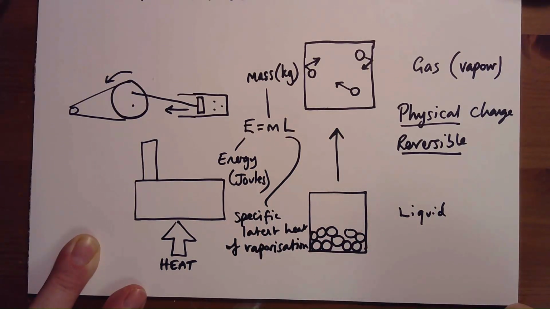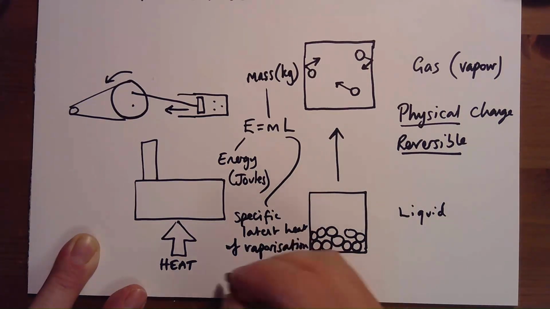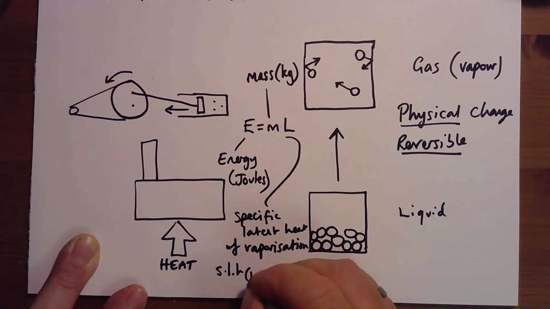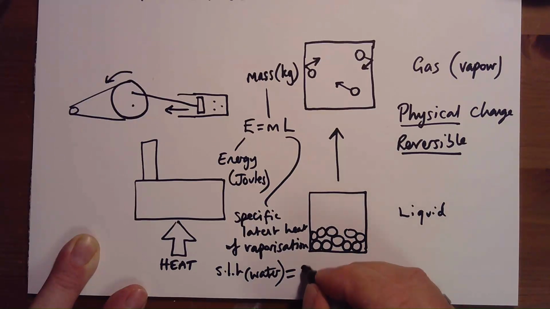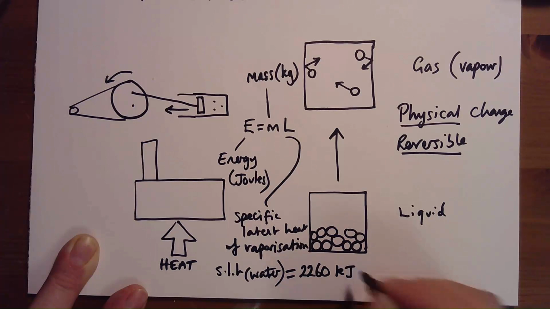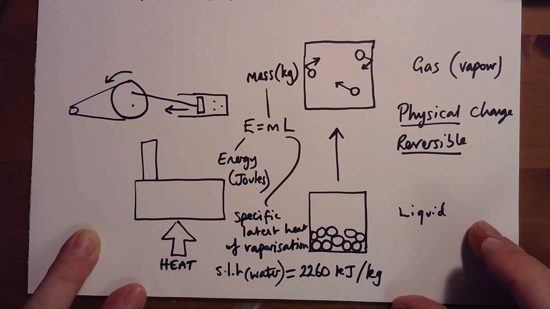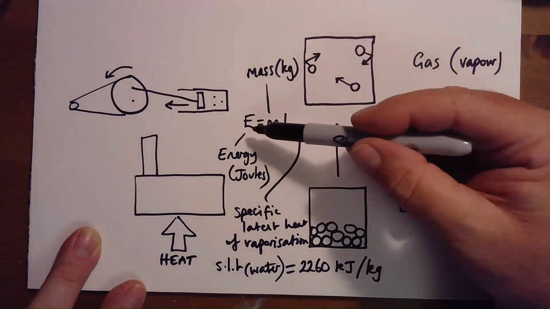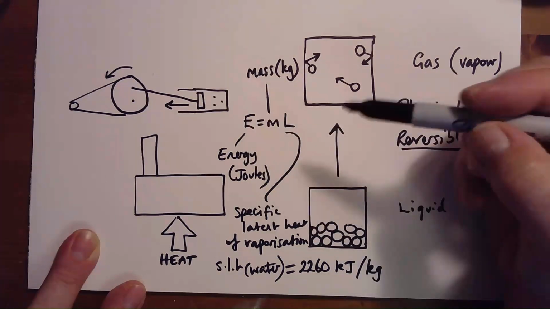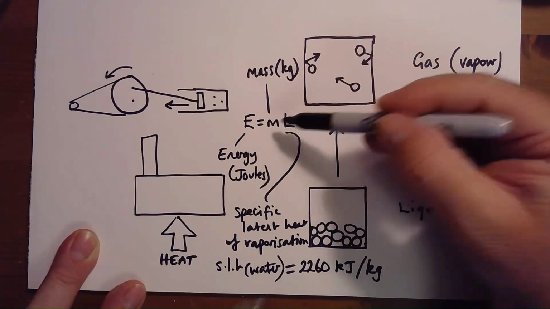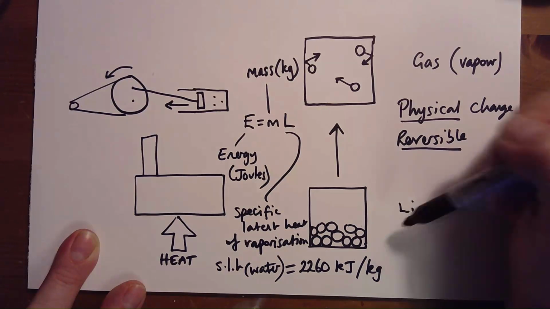Now, the specific latent heat of vaporization of pure water equals 2260 kilojoules per kilogram. That's 1,000 joules per kilojoule. What that means is we would need to transfer 2,260,000 joules of energy to 1 kilogram of water for it to change state between a liquid and a gas.